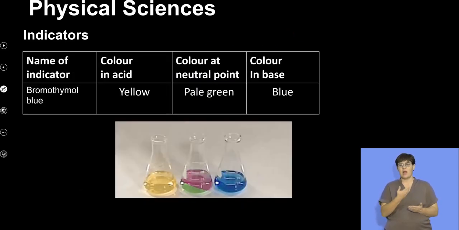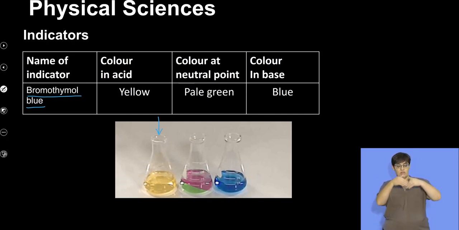Now, here are practical examples of indicators that are very common in acid-base reactions. The first one is bromothymol blue. If we add a few drops of bromothymol blue to a sample of an acid, the color change that we observe is yellow. If we add a few drops of bromothymol blue to a solution that is at a neutral point, the color is pale green.